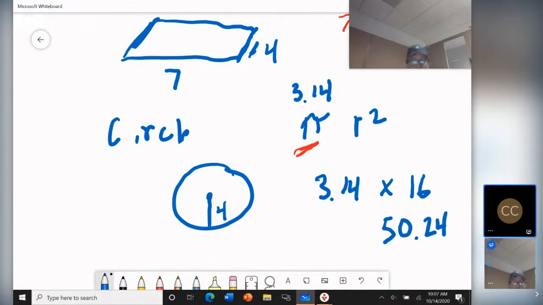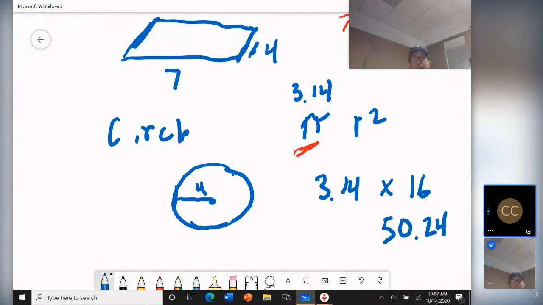In this case, it's 4. So what you're going to look for in a circle is the radius. And that's usually a line. It could be from anywhere. It doesn't have to be straight across, and I'll show you. It could be over here too. So you see it's about halfway through this circle. That's what the radius is.